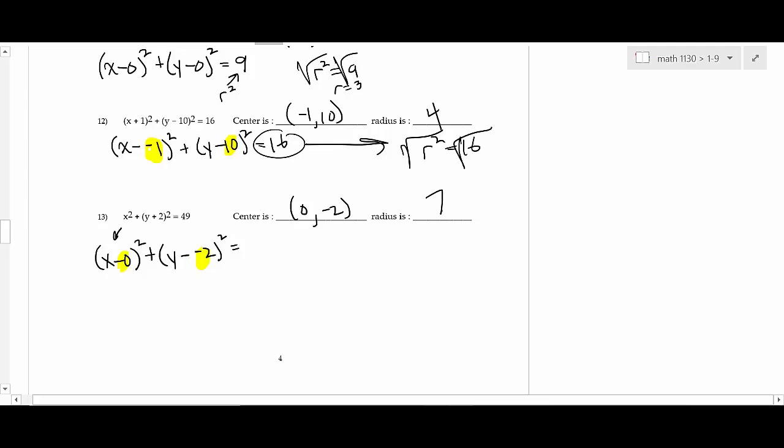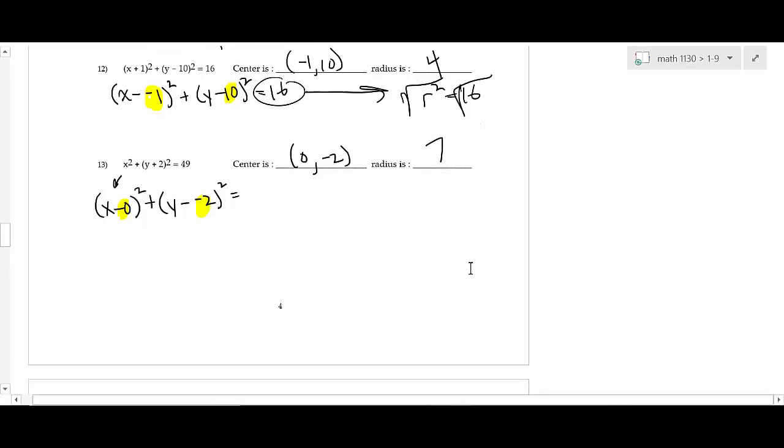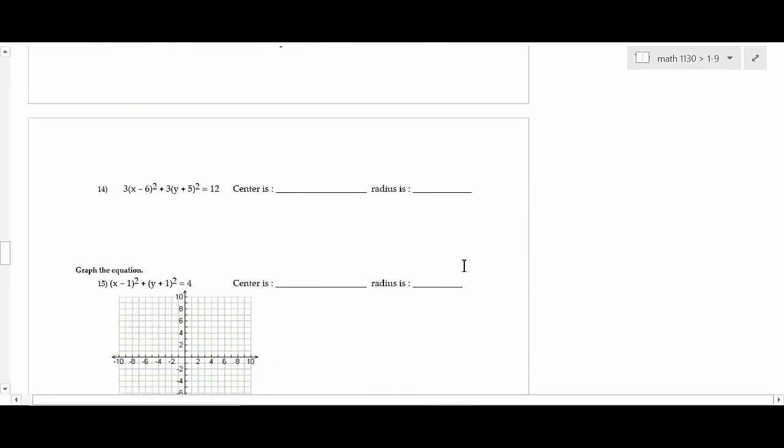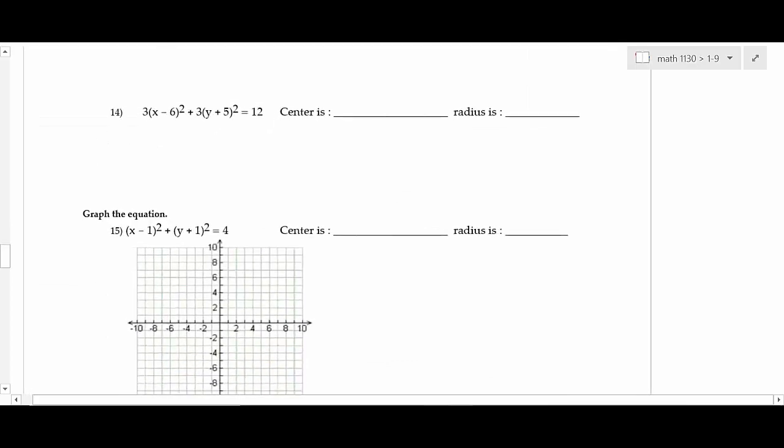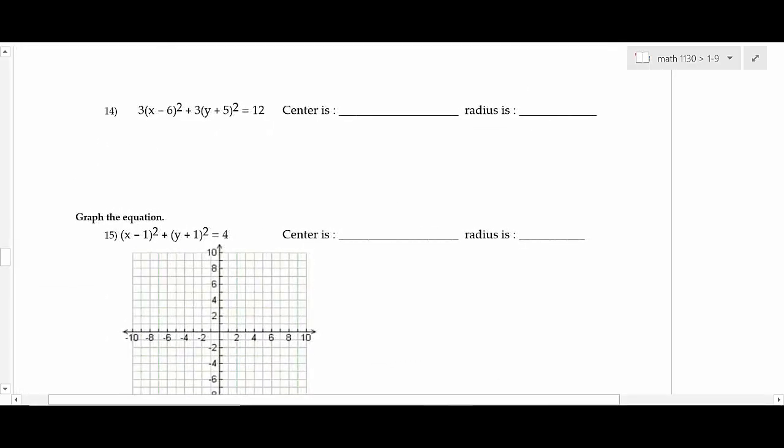We've kind of done the simpler parts of circles right now. You do have to use the midpoint formula sometimes if you're given a diameter. That's the purpose of that. Okay, look at number 14 on the next page. Tell me what looks different about that problem versus the three I just did. There's a 3 in front of stuff, right? That's not in standard form. In standard form, you don't want anything in front of the parentheses.